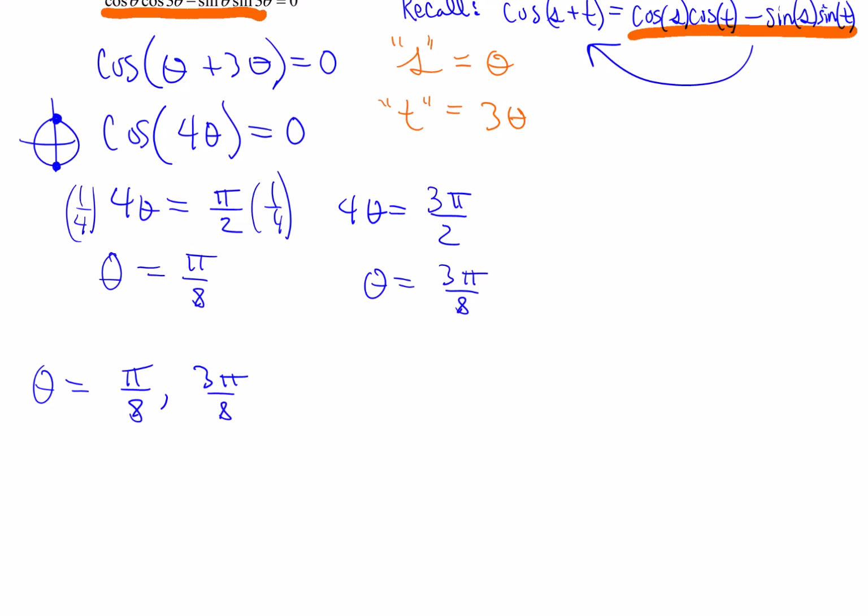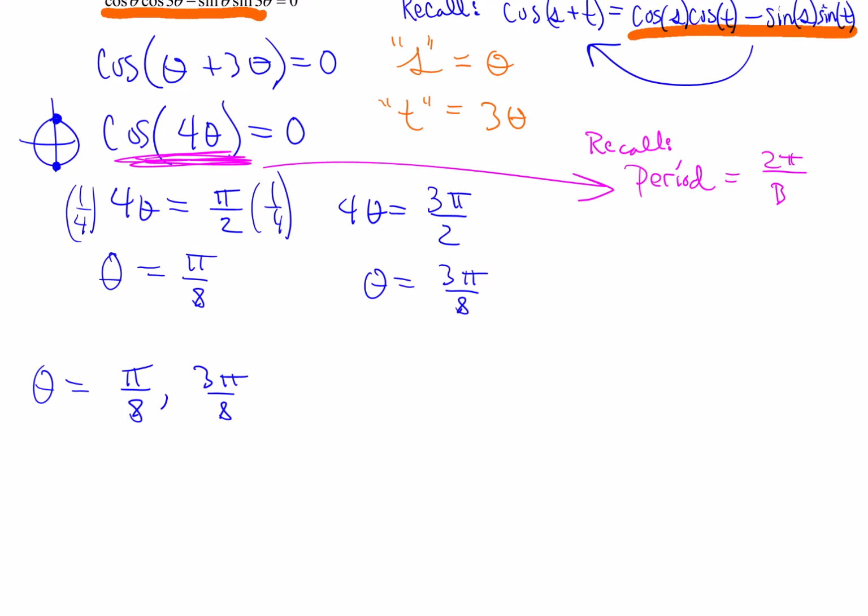Now let's recall something else very important. If we go way back to when we did transformations, when you take something like cosine of 4 theta, remember the period gets adjusted when we do the horizontal stretching like that with that 4. We said the period equals 2 pi, the regular period, over b, being the value, in this case 4, in front of the theta. So let me just say recall, this is from much earlier topics.